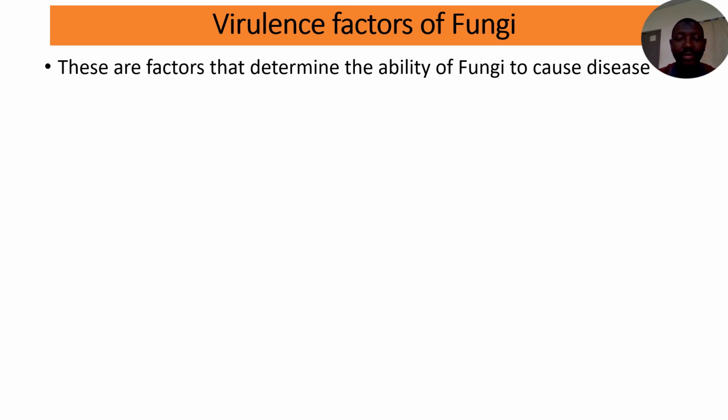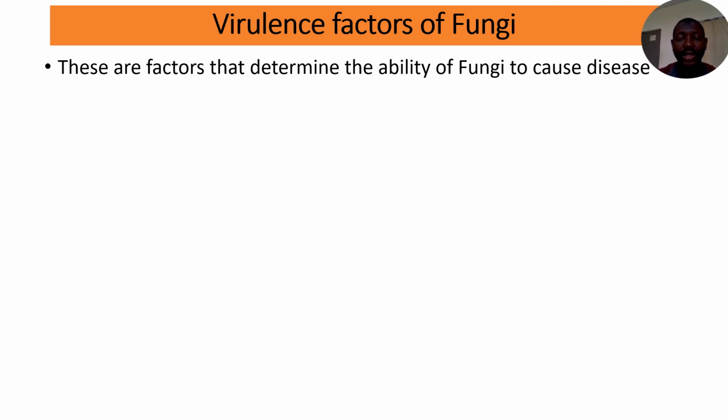They are generally important processes or mechanisms used by fungi to establish a disease. It involves certain adaptive features of the fungi as well as possession of particular virulence factors, as we are going to see.